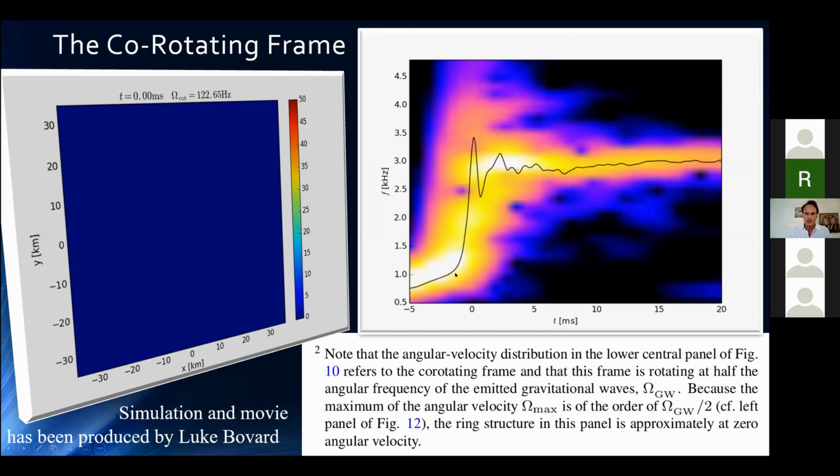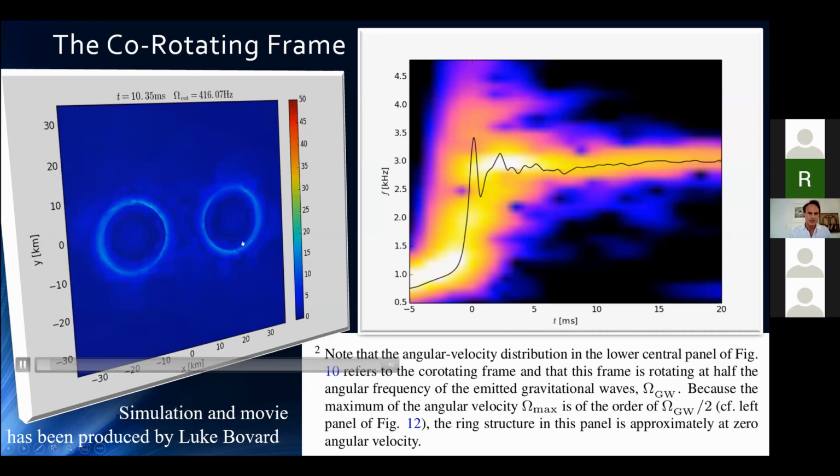Here you see again the spectrogram of the emitted gravitational wave with the instantaneous gravitational wave frequency, and we would now take the star. We sit on the star and rotate with the star. And this is a so-called co-rotating frame. Here, you see a little movie of such a co-rotating frame.